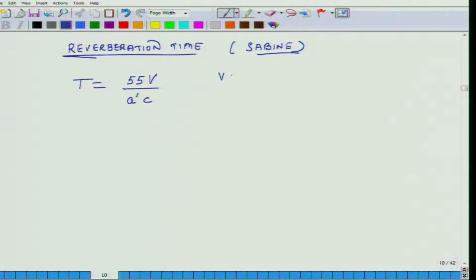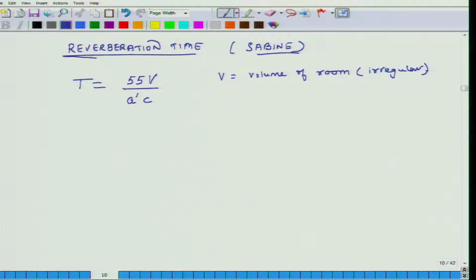What is V? V is the volume of room. Suppose I am in a room, and the room may be irregular, meaning it does not have to be a perfectly rectangular room.